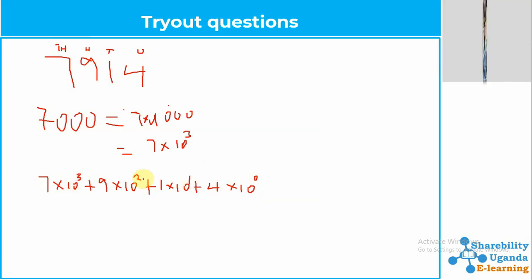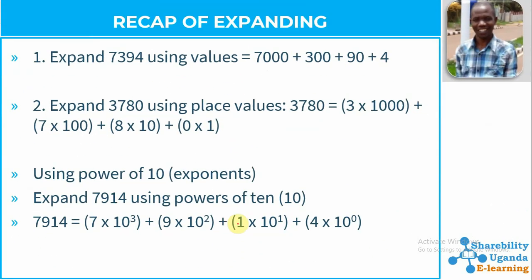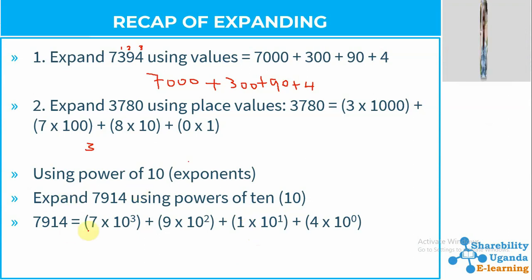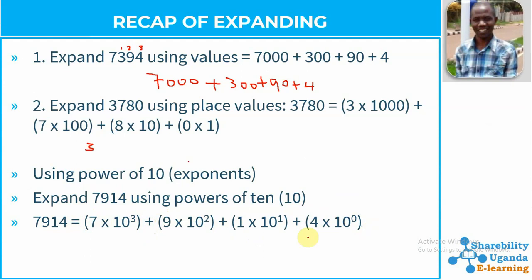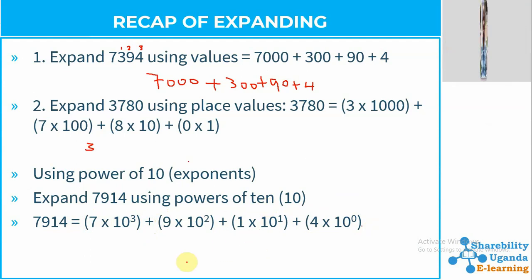So in this form, we shall have represented our number, or we shall have expanded our number using the powers of 10. So this simply means if you want to use powers of 10, we shall be able to use this method. You can also include brackets, because this number is on its own and this one is also on its own.